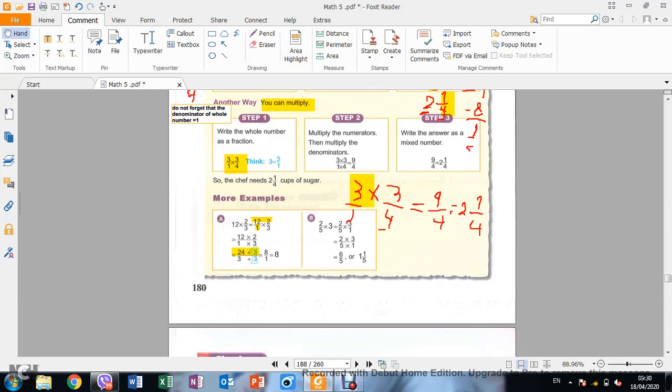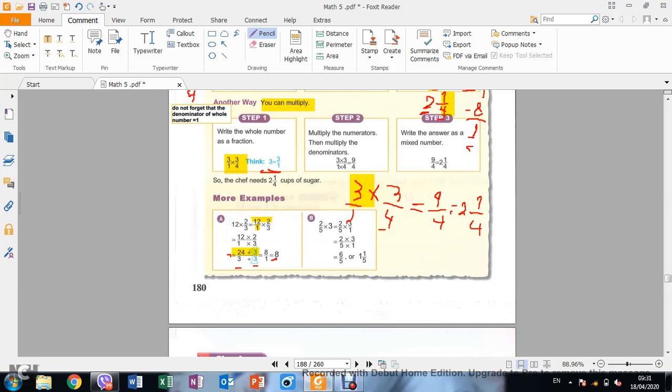And 3 divided by 3 is 1. 8 over 1, or 8 divided by 1, is equal to 8. Like the 3 equal to 3 over 1, you can put it down, and bring it back: 8 over 1 equals 8.